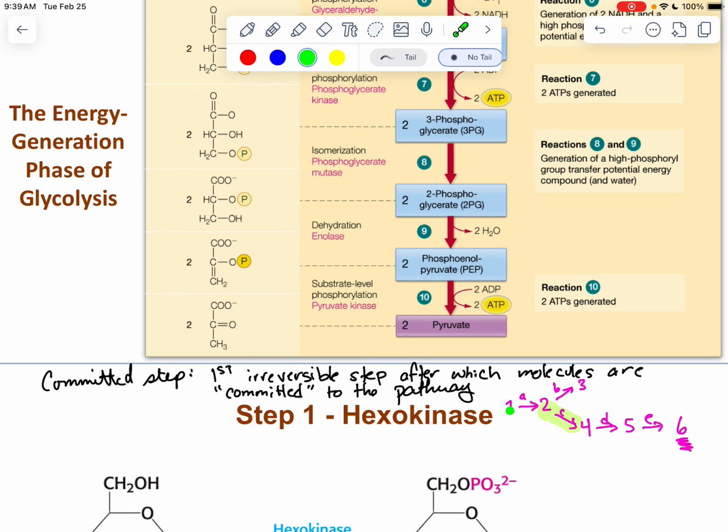All right, back here, this first step wouldn't be the committed step because this product, number 2, could go either way. It has options. But now the committed step for synthesizing product 6 here would be this one that's controlled by what I listed as enzyme C. All right, so that's the committed step.